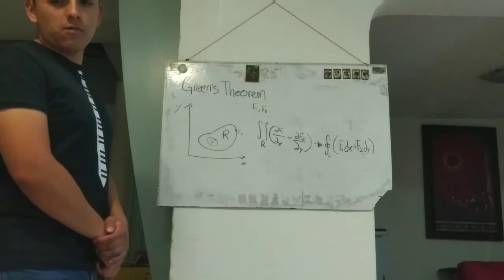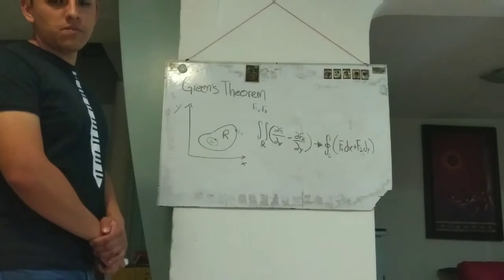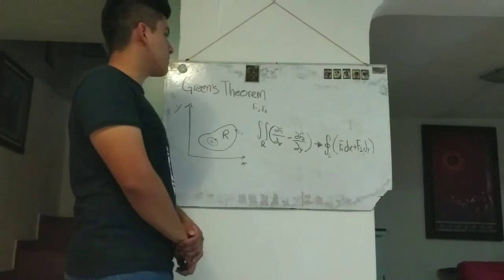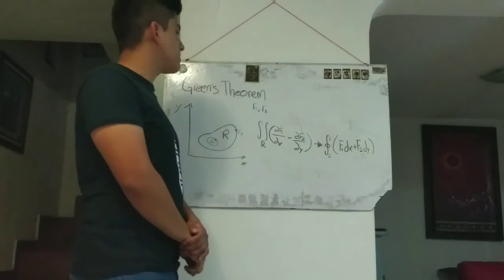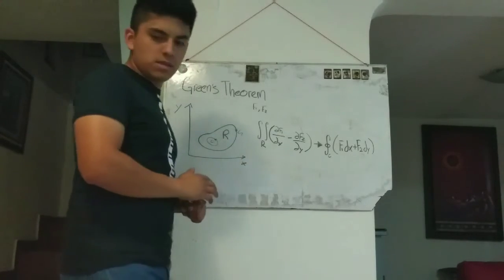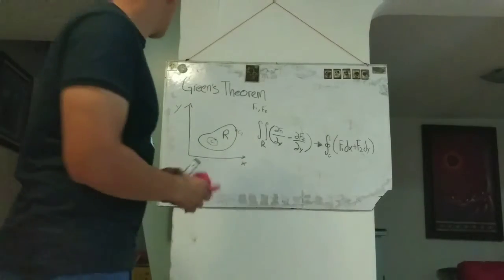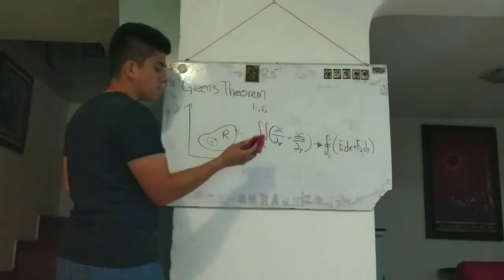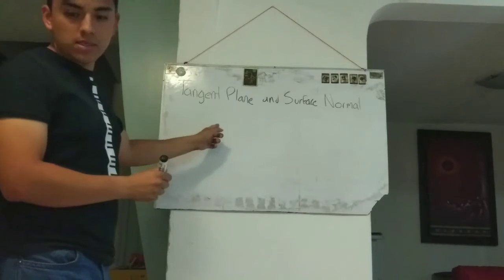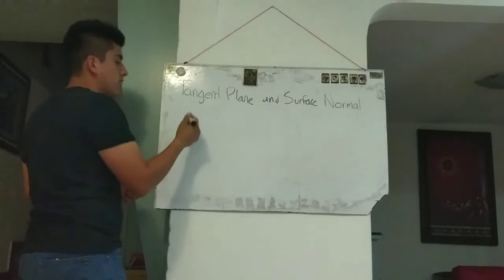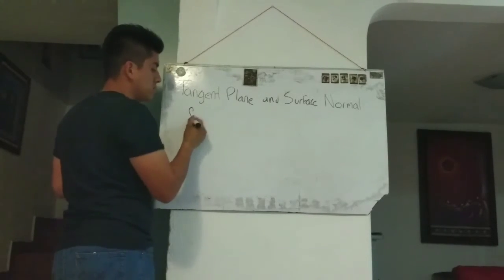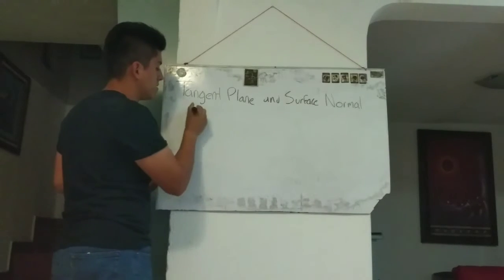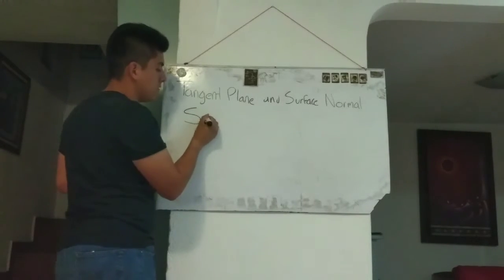And now we are going to go to the tangent plane and the surface normal. This is another theorem, and it's quite quick actually. What does this mean? Well, it means that we have a surface S given by this.